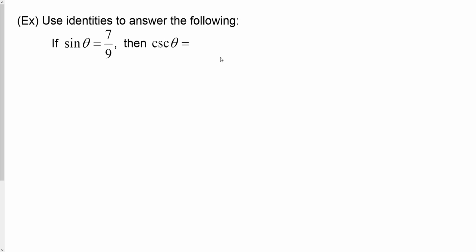Use identities to answer the following. If sine theta equals 7/9, then cosecant theta equals what? Well, we know that sine of theta is 1 over cosecant theta. And similarly, we could say cosecant theta is 1 over sine theta. Means the same thing.